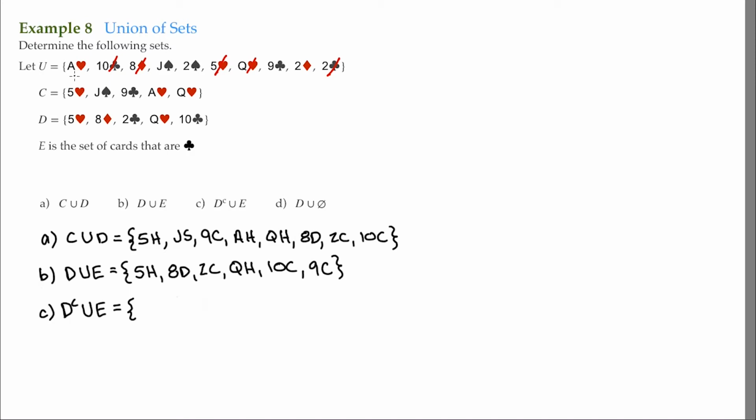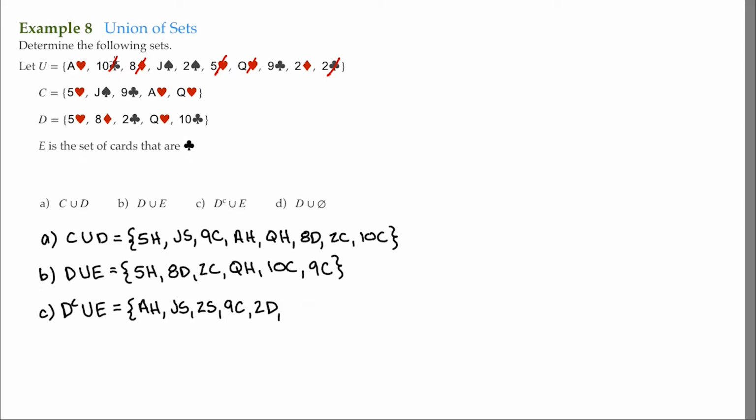The Ace of hearts, Jack of spades, the 2 of spades, the 9 of clubs, and the 2 of diamonds. So that's everything that's not in set D. And then set E are all the clubs.